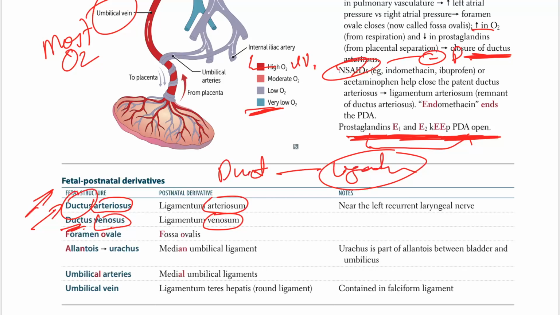And for the ductus arteriosus, what do we have? It is near the left recurrent laryngeal nerve. Why is that important?